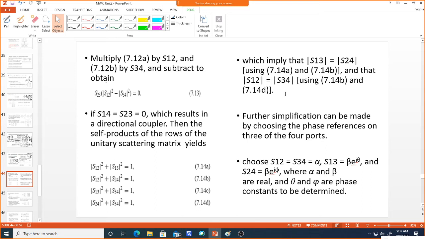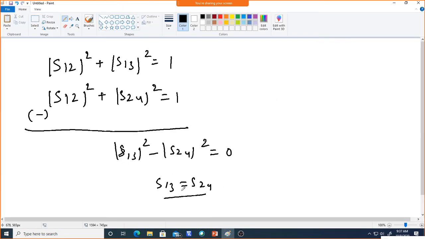Okay, so now after this simplification, we can choose whatever the remaining parameters. If I apply these conditions into the matrix, we get this one, and also one more, that S12 equal to S34. So that also we got here.